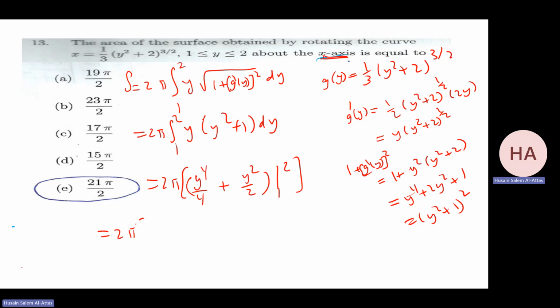That gives me 2 pi of what? 16 over 4 is 4, plus 2, minus 1 over 4 plus half. That is what? 3 over 4.